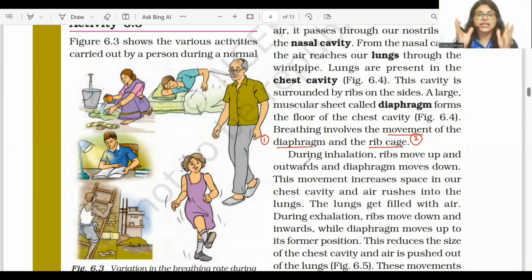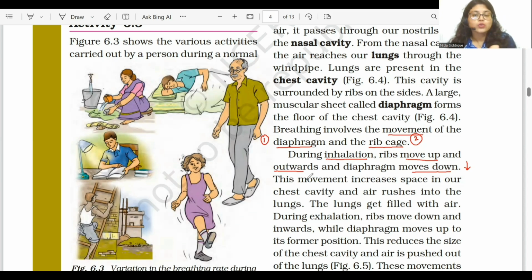So let us understand what happens. During inhalation, when we inhale, you all can observe that our rib cage is moving upward and outward, but the diaphragm moves down. Why does it move down?